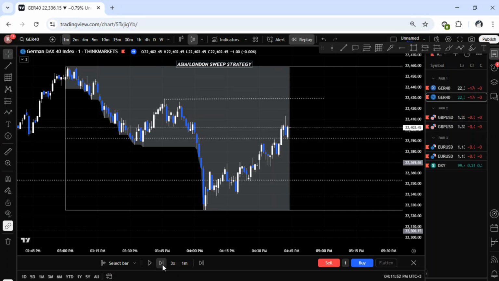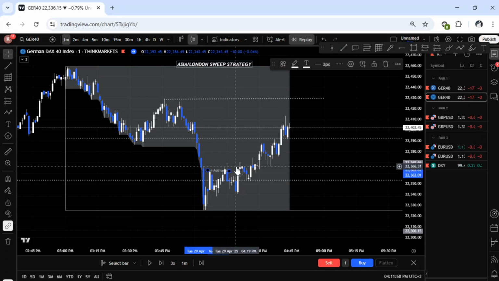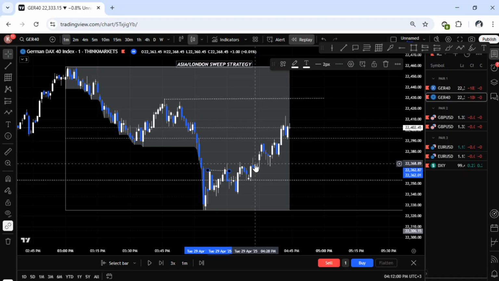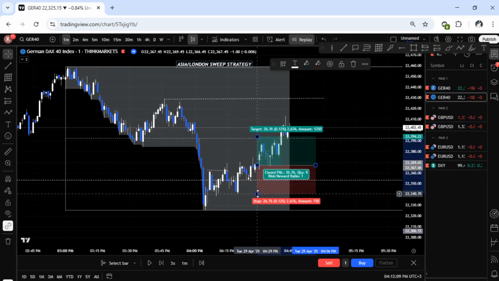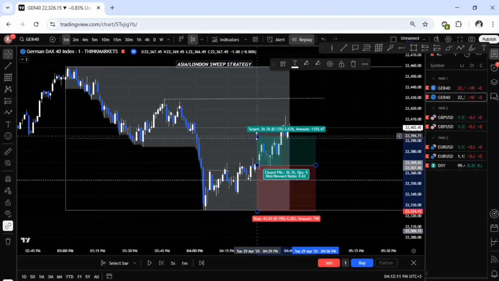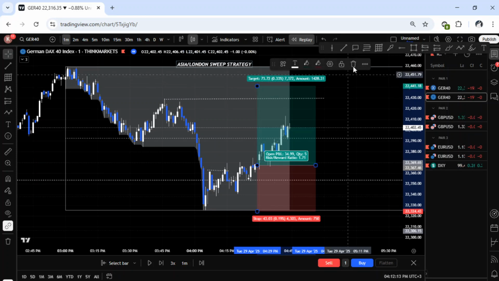Of course I could have taken it using this internal change of character here, and since my 15 minutes close somewhere here, I would have taken it here, which was still valid. But the checklist is very clear that it is 15 minutes close first, and then secondly we check for change of character in 1 minute.